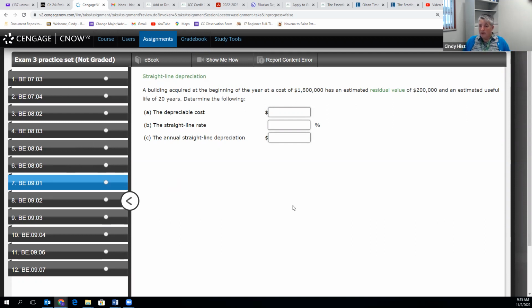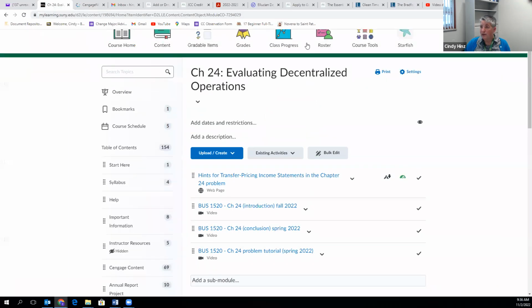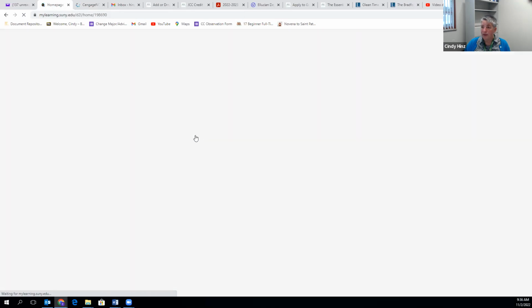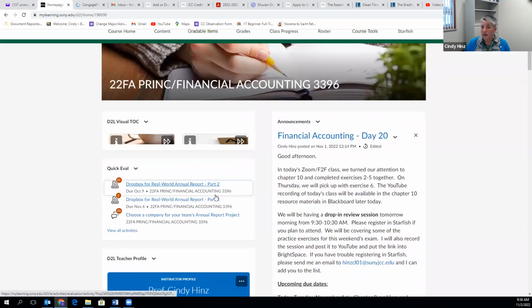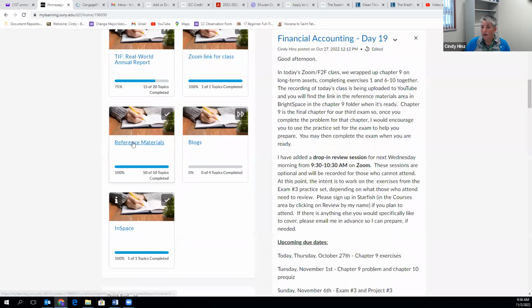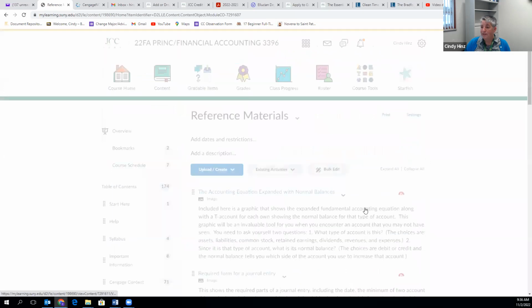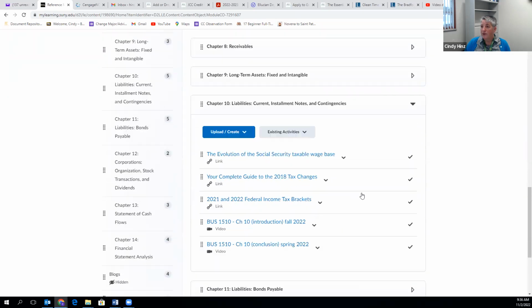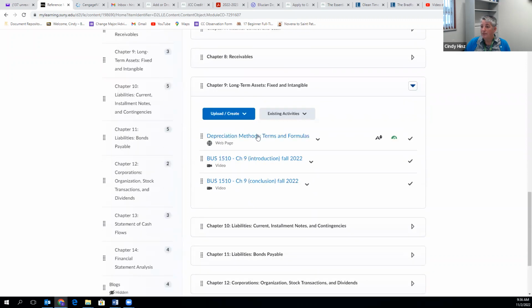So I'm starting with exercise 7, and that is, you can see, from Chapter 9, and this is about straight line depreciation. I would also remind you that in Brightspace, in the reference materials area, if we go to the Chapter 9 folder, you can see that page that has the terms as well as the formulas related to depreciation calculations.